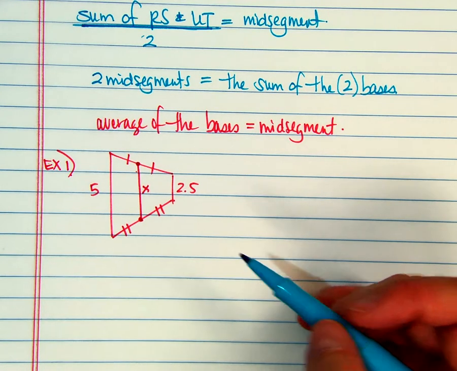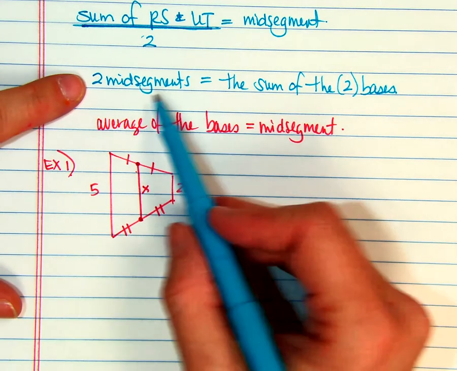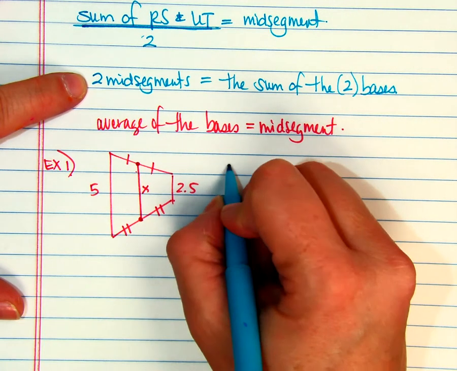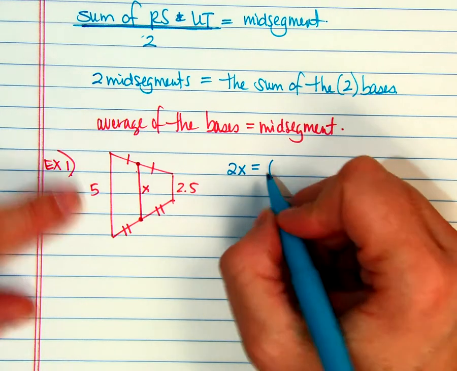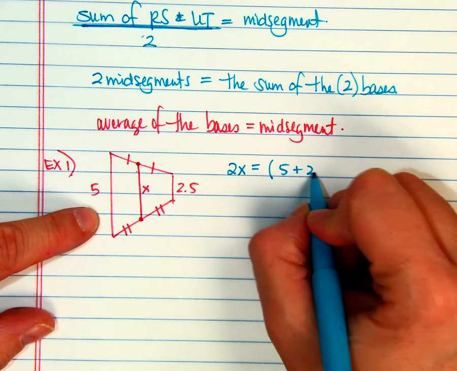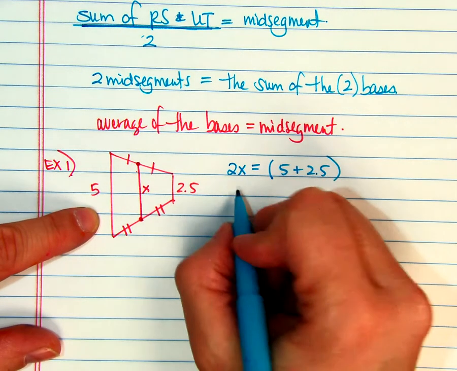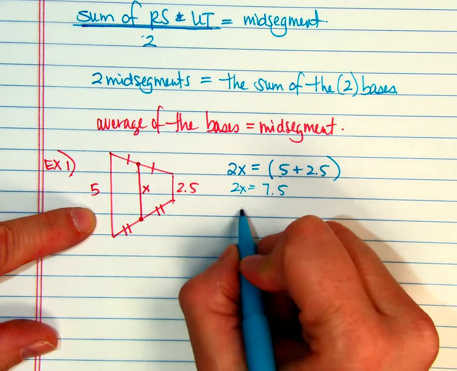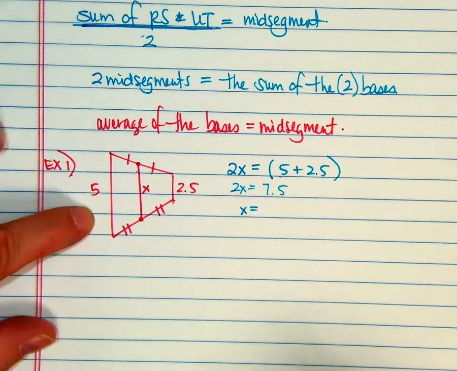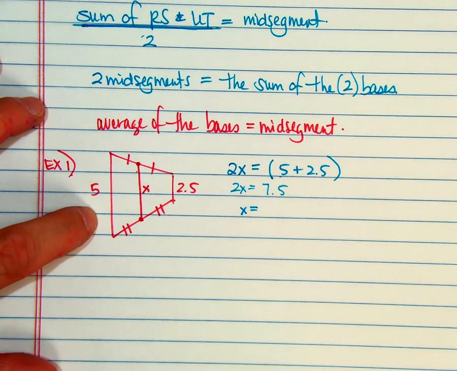So I know that 2 midsegments, so 2 X's, equals the sum of my bases. So 5 plus 2.5. So 2X equals 7.5.